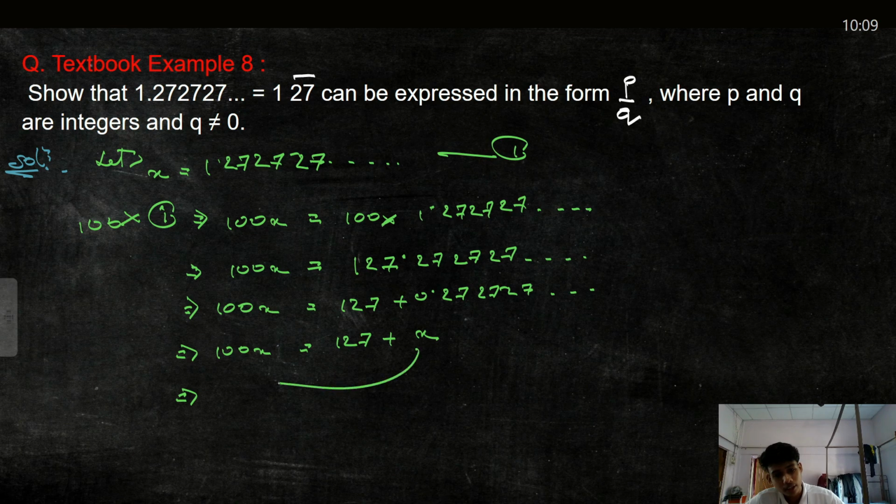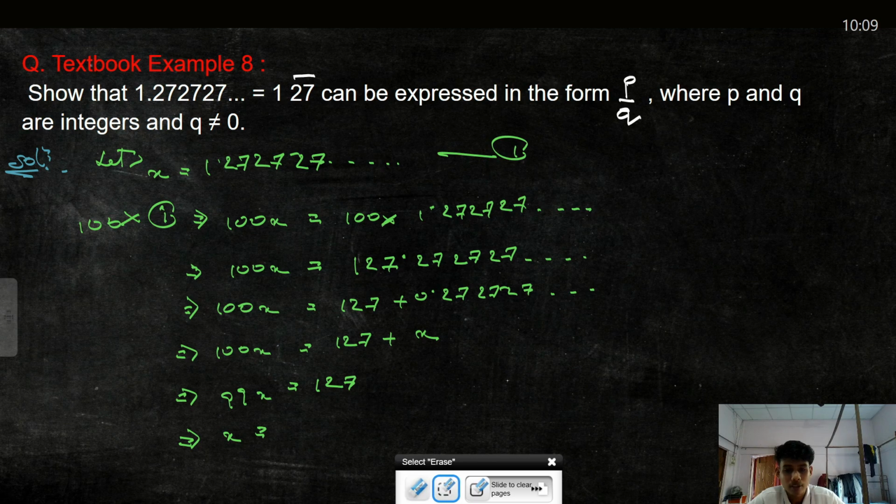Now if we bring the x to the left hand side, it will become 99x equals 127. No, it will not be right. Okay, wait. I have made a minor mistake in this case. Here x is 1.2727, so we cannot take it like that.